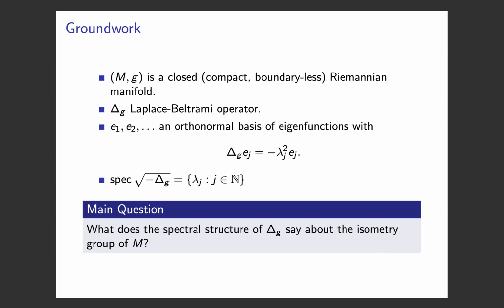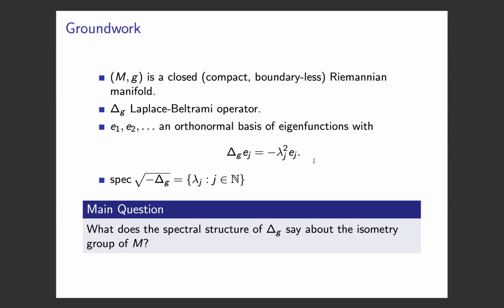Just to lay down some notation and conventions, because different authors have different conventions, my Laplace-Beltrami operator is going to be the negative definite operator, and its eigenfunctions have eigenvalue negative lambda j squared, where lambda j is non-negative.